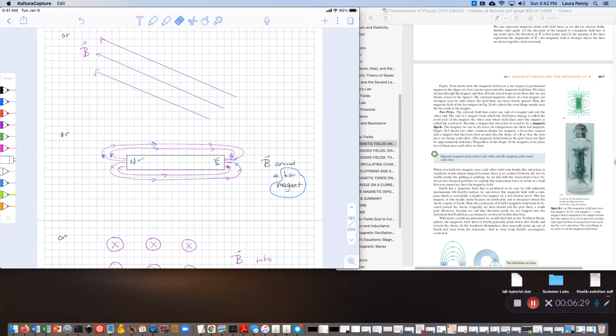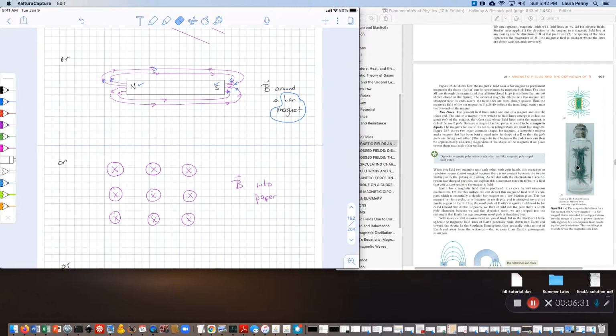Again, magnetic field lines point from the North Pole to the South Pole in this manner when they're outside of our bar magnet.